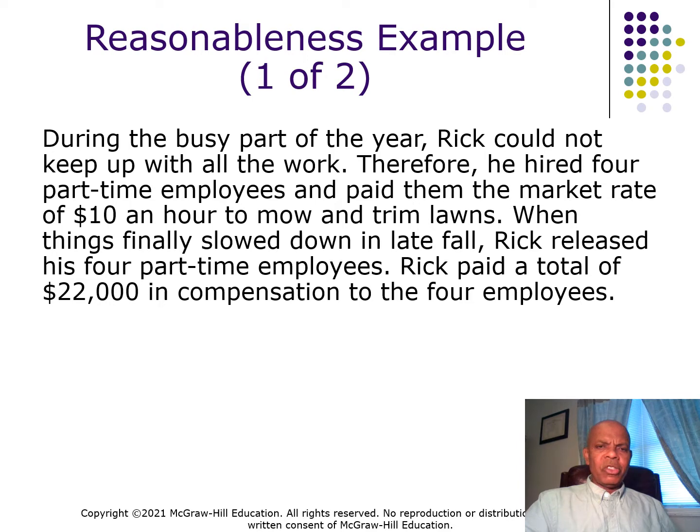When things finally slowed down in late fall, Rick released them. Rick paid a total of $22,000 in compensation to those four employees. Okay, that's reasonable. That's necessary to run his business, right? That's reasonable compensation for these employees. He can deduct that.